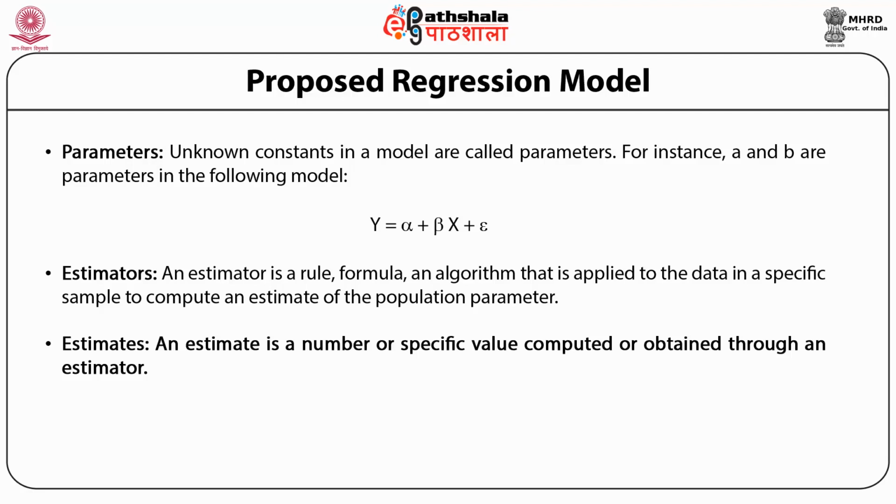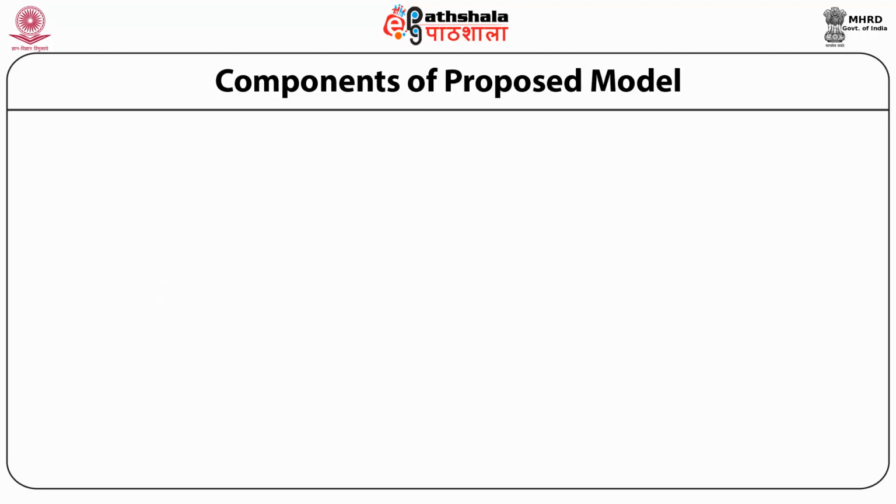It is interesting to see that it is only the error in this equation that makes this model a probabilistic model, because alpha plus beta x is the fixed component, and for any value of x we can easily predict the value of y with full accuracy, full confidence. It is only the alpha term that is making this model a probabilistic model.